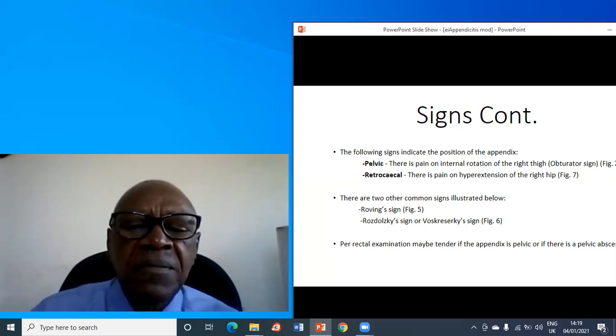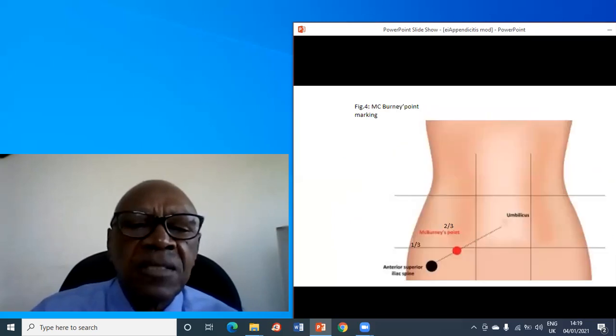Rectal examination may be tender if the appendix is pelvic or if there is a pelvic abscess. McBurney's point illustrated: it is two-thirds from the umbilicus on the line joining the umbilicus to the anterior superior iliac spine.